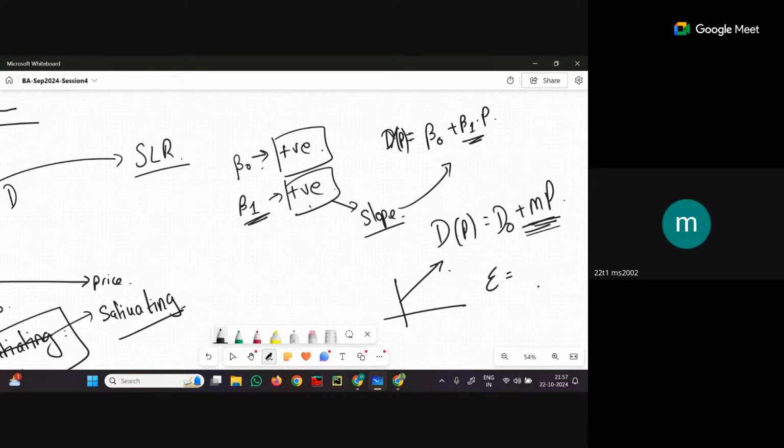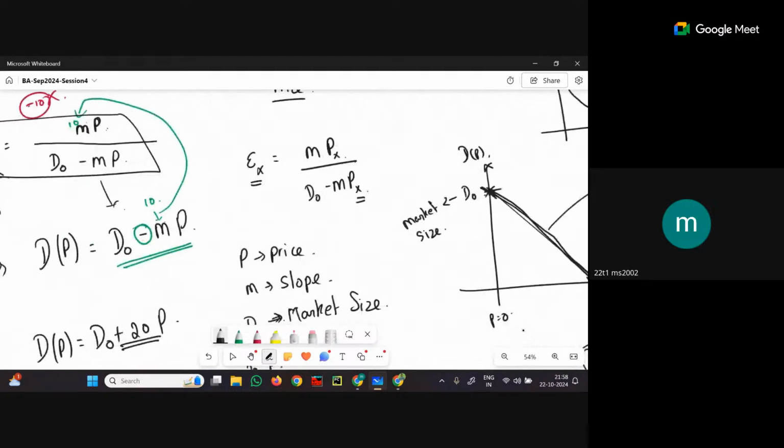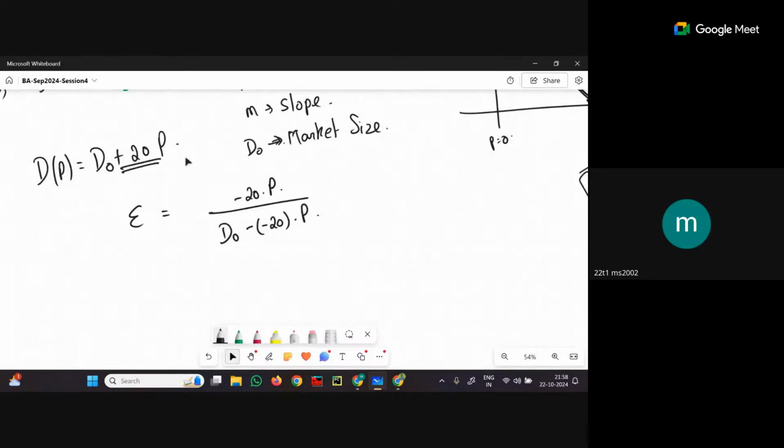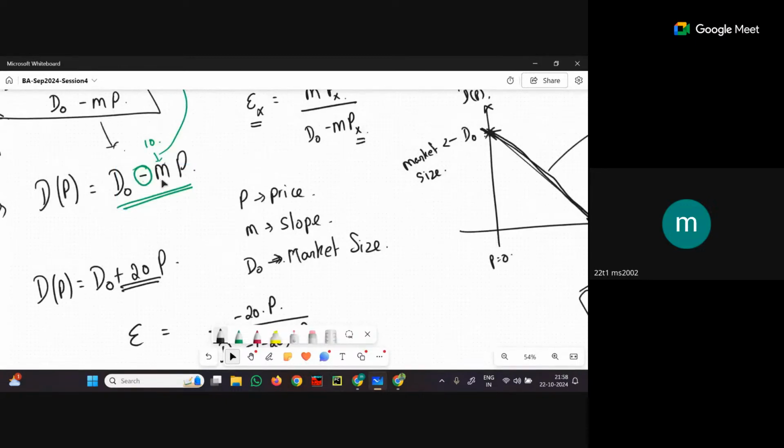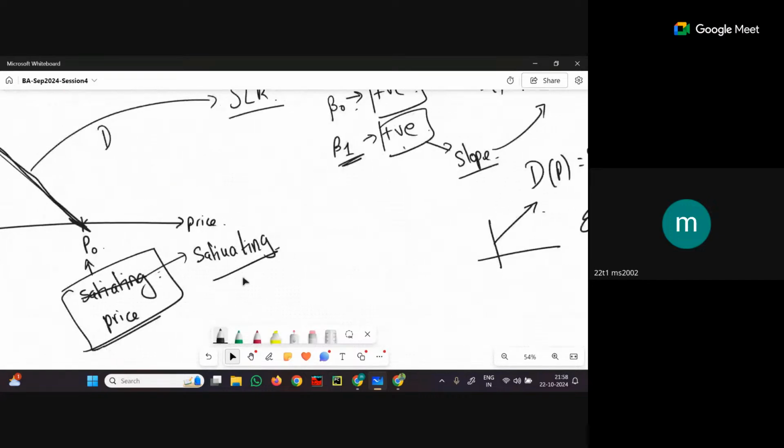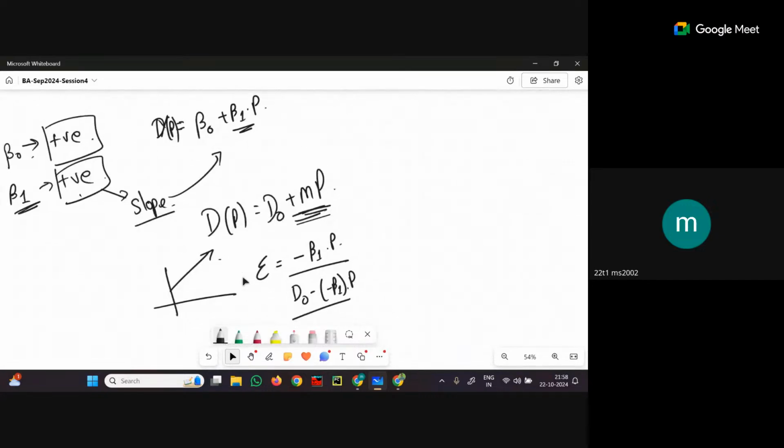So when you calculate your epsilon, you should take minus beta 1 into p by d naught minus of minus beta 1 into p. This will become the formula. So please note the small thing. There is a difference between d0 is minus m into p and this. But when you fit the regression, you should be able to interpret that this is a positive sloping curve, so the epsilon should carry the negative value.